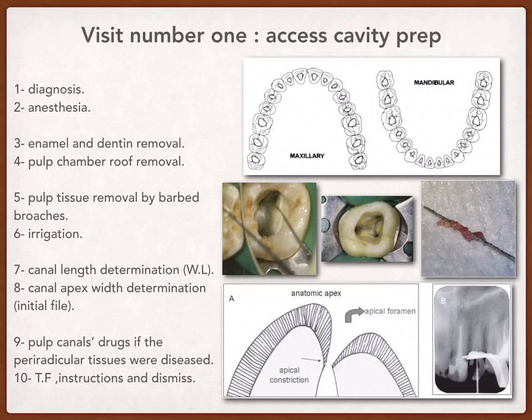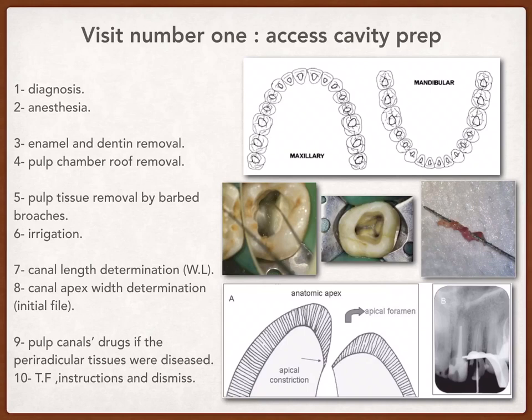So that is for the upper incisors. For the other anterior teeth and premolars, as you can see here in this picture, it is oval in shape. For the upper molars, it is triangular in shape, and that triangle is located mesially, with its base located towards the cheeks and its apex is located towards the palate.